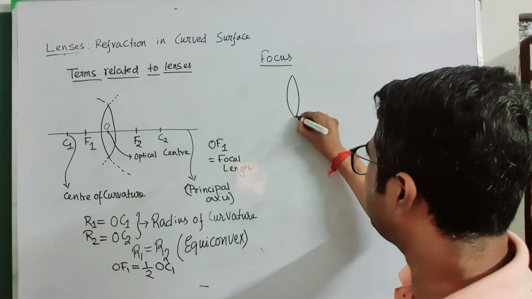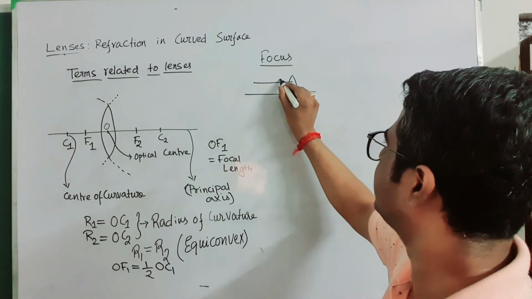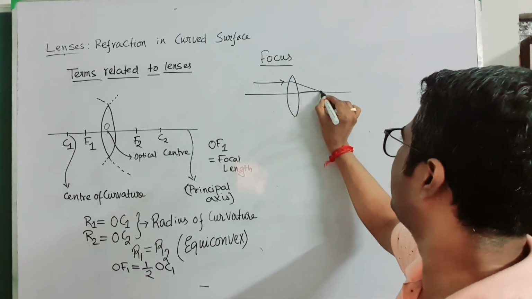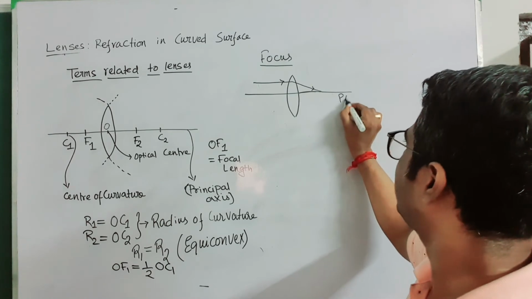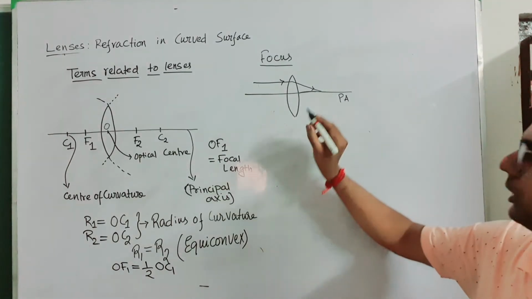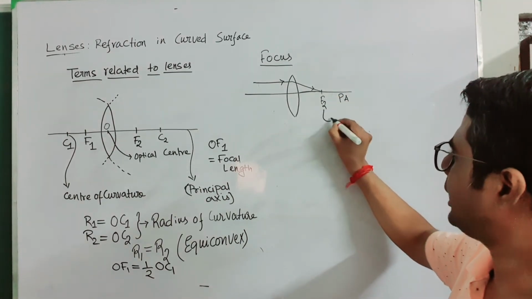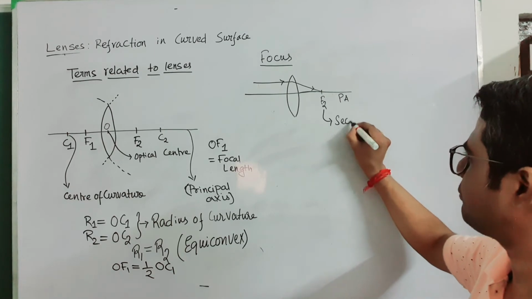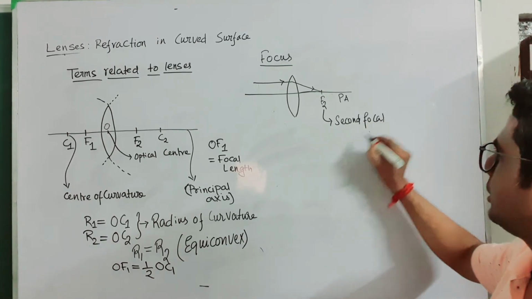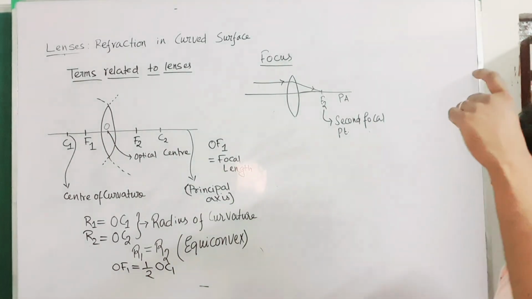If this is a convex lens, if a parallel ray is coming like this, it will get converged and it will meet the principal axis at a certain point. This is called F2, that is, the second focal point of a convex lens.